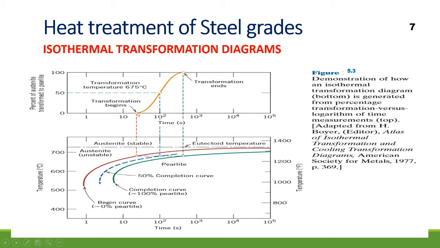From the S shape, this is the beginning; the transformation begins here. As I have already discussed, this is the time required for nucleation to begin, and here the growth will start, and here the growth ends when the complete transformation has taken place. So this is my starting point and this is my ending point. If I take the start and end points as reference, I get 2 points on this TTT diagram.